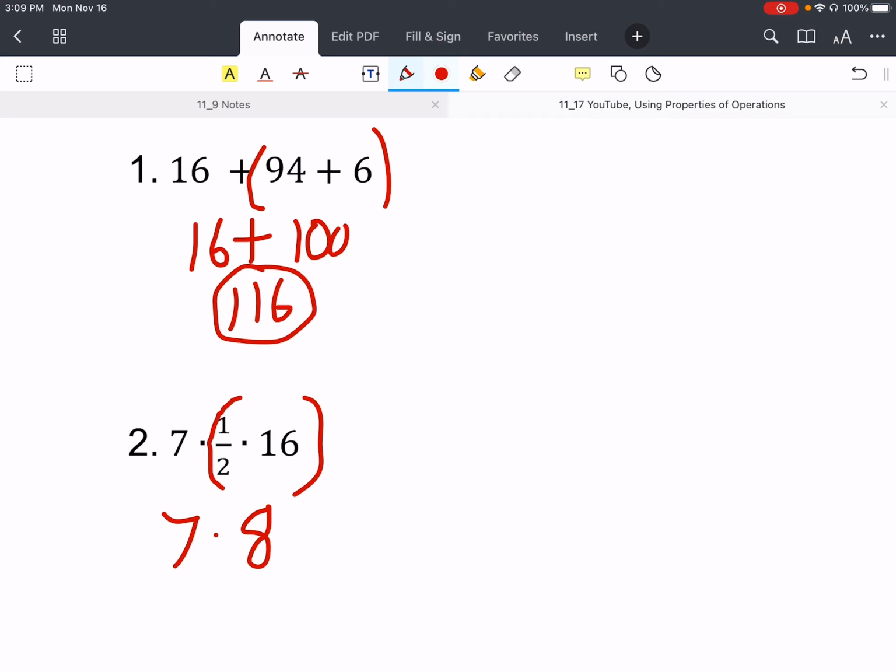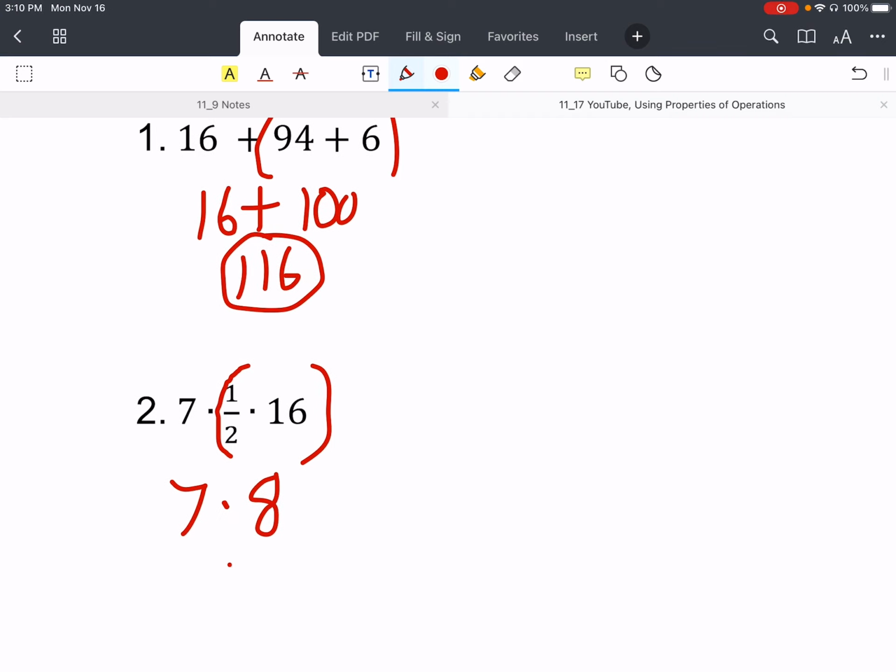So now I have 7 times 8, which we know is 56. So in this case, the associative property had us use parentheses so we could find half of 16 first, because multiplying 7 times 8 is a lot easier.